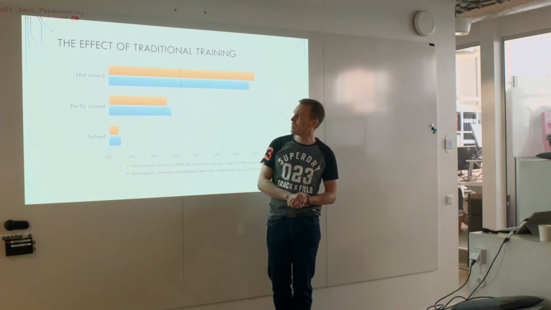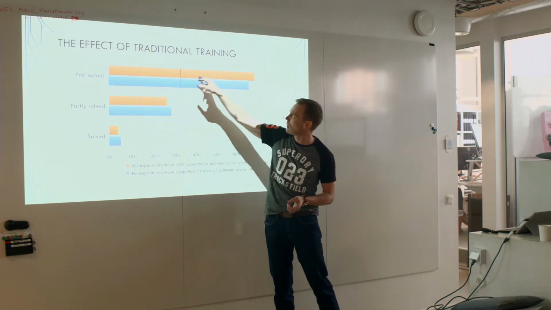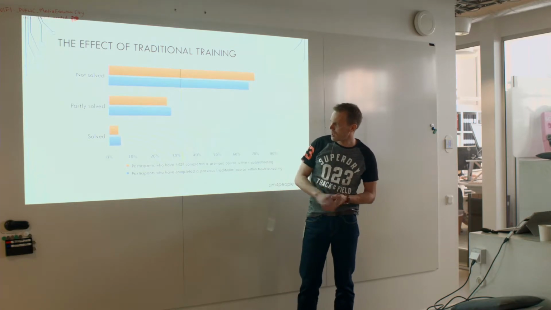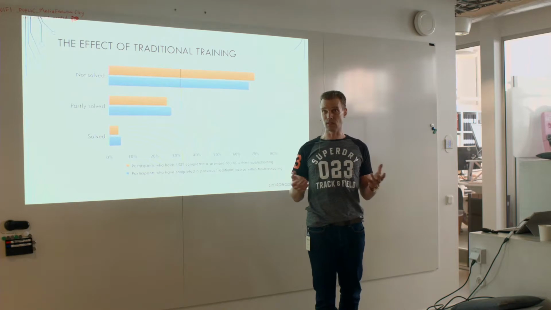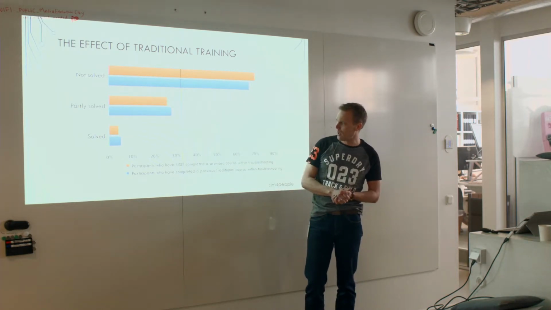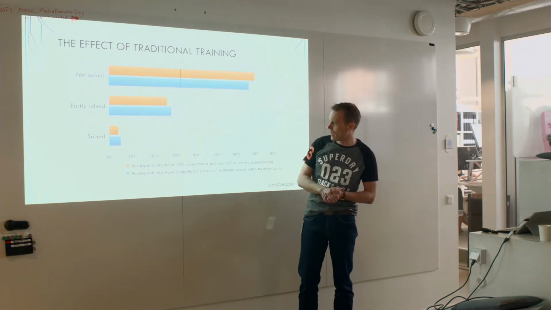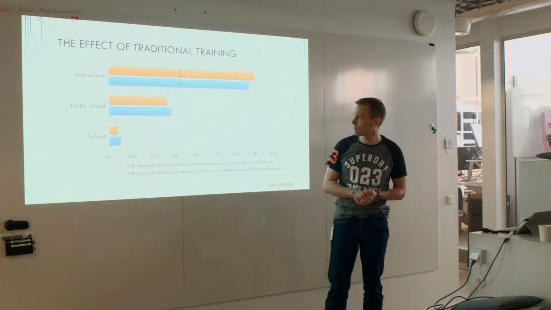What you see up here is that the participants marked with orange have not completed any previous course in troubleshooting, so they haven't been on any course at all. The blue, as you see up here, have participated in some kind of course.